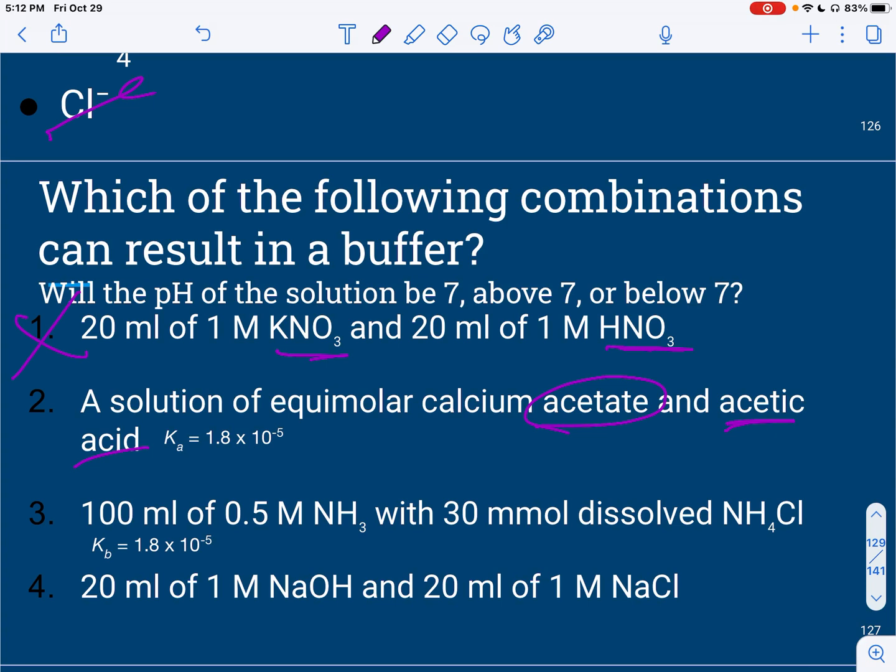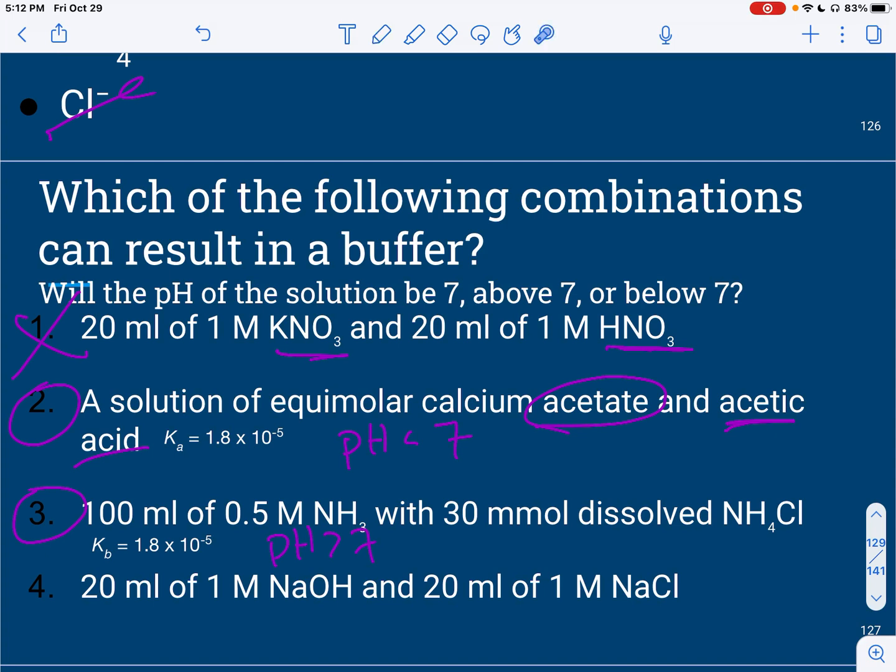And the pH will be below 7. Number 3, we have a weak base and its conjugate acid, so that is a buffer. And the pH will be above 7.